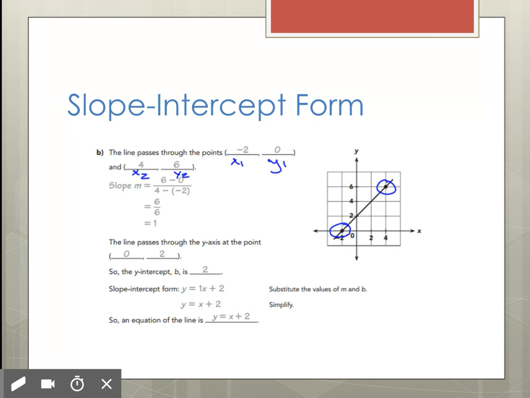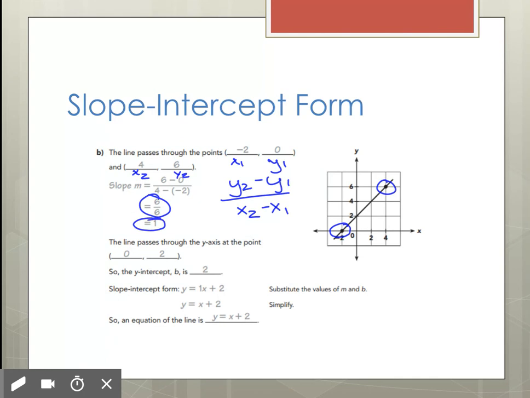So I'm plugging those numbers into the y2 minus y1 over x2 minus x1 format. So that's 6 minus 0 over 4 minus a negative 2, which is 6 over 6. Again, this one is simplified to 1, the same slope of 1.